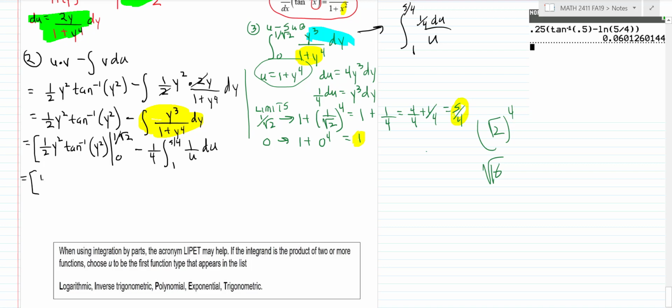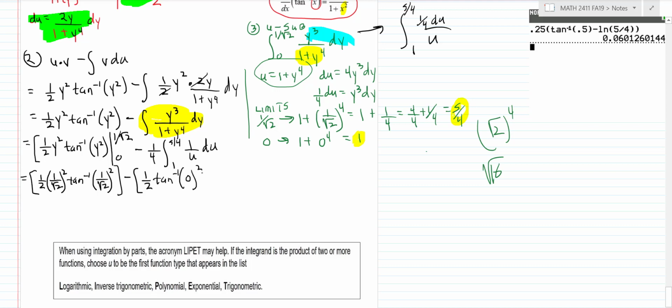Okay, so this would be 1/2. The upper limit is 1 over square root of 2, and we're going to square that. Then we have inverse tangent of 1 over square root of 2 squared, like that. Then we plug in the 0, so that's going to be 1/2 inverse tangent of 0 to the second.